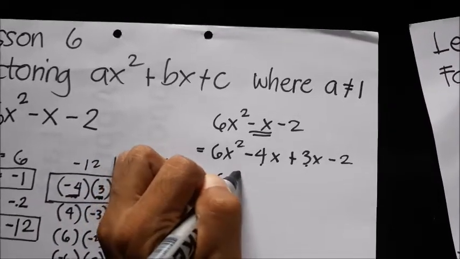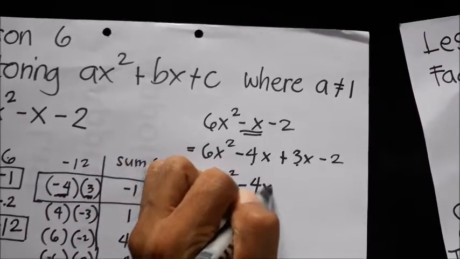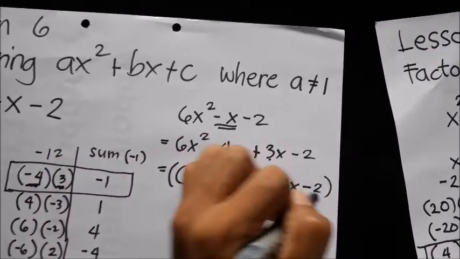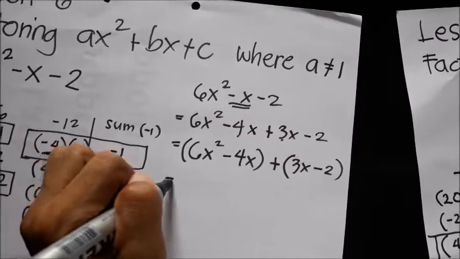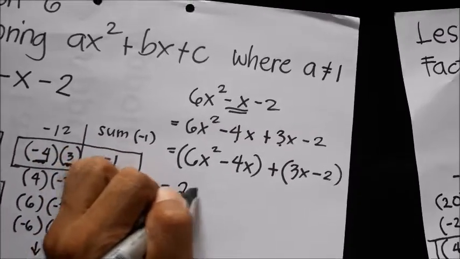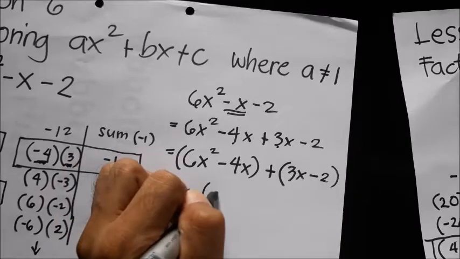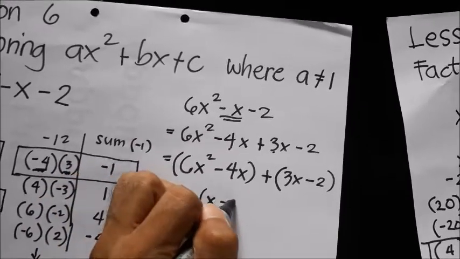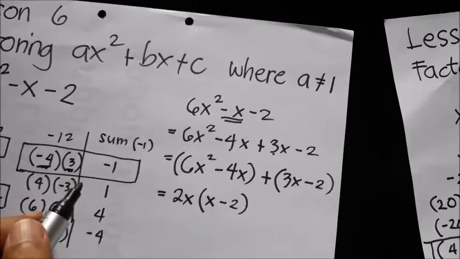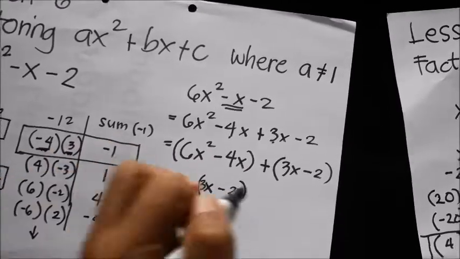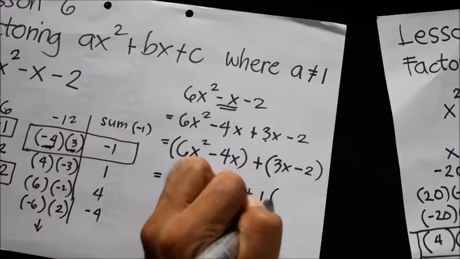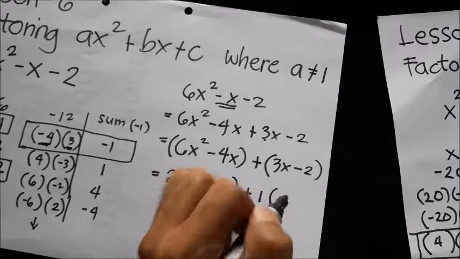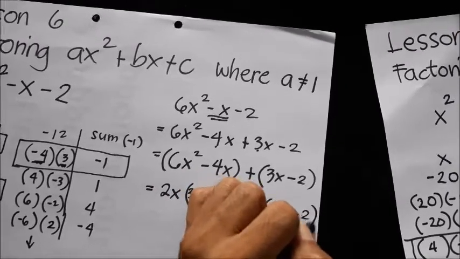With factoring by grouping, we group this. This is the first group. Then, plus 3x minus 2 is our second group. The greatest common factor of the first group is 2x. Then, we have 2x times x minus 2, hmm, 3x minus 2 plus 1, because 3x minus 2 is a prime number, therefore its common factor is 1, so that is 3x minus 2.